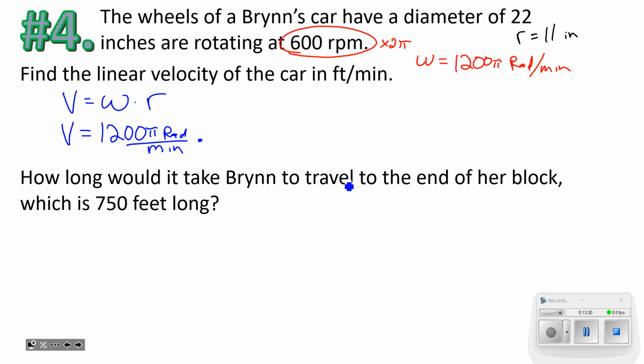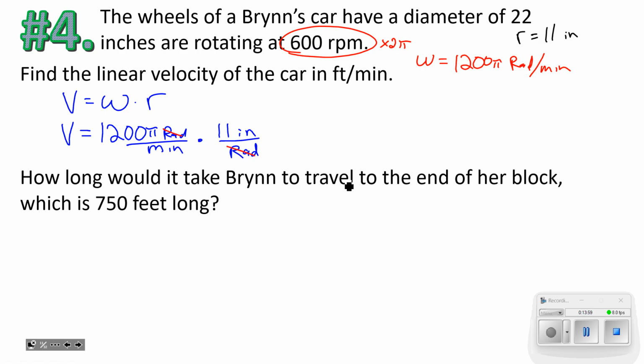The radius is going to be 11 inches. And remember, that's the radius. If you want to think of it in a neater way, 11 inches is the radius, or a radian length. That's why when you use this equation, you always must be in radians, and they kind of cancel out. I'd be left with a value in terms of inches per minute.